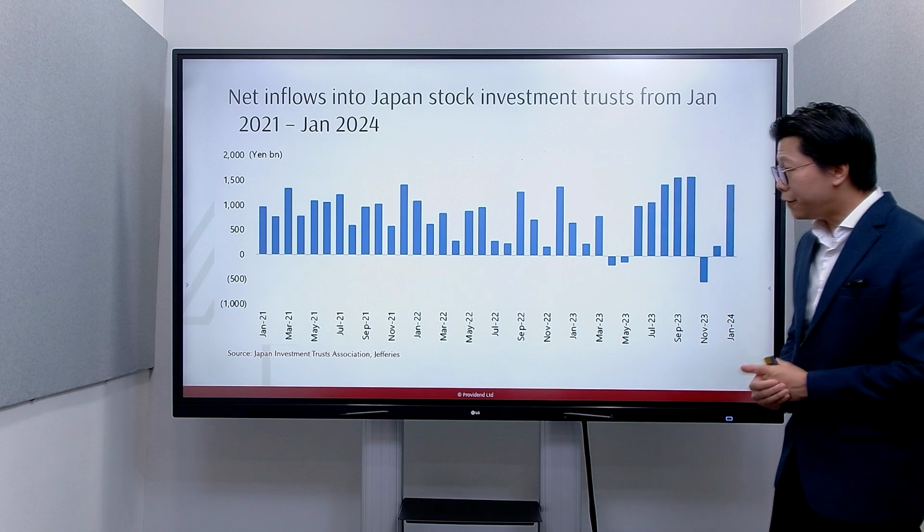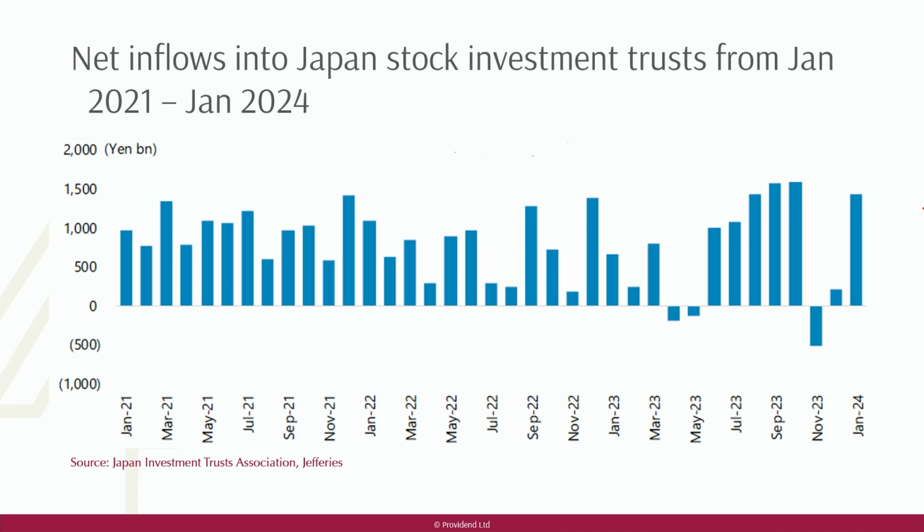If you look at the Japanese Investment Trust Association report, the net inflows into Japanese stock investment trusts have risen sharply. As you can see, in December 2023, the inflows into Japan stock investments were about 2 billion yen and have risen to 1.4 trillion yen in January.